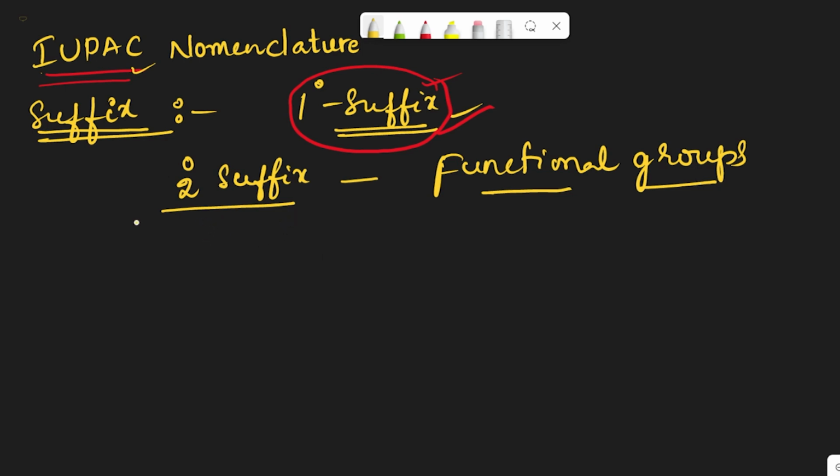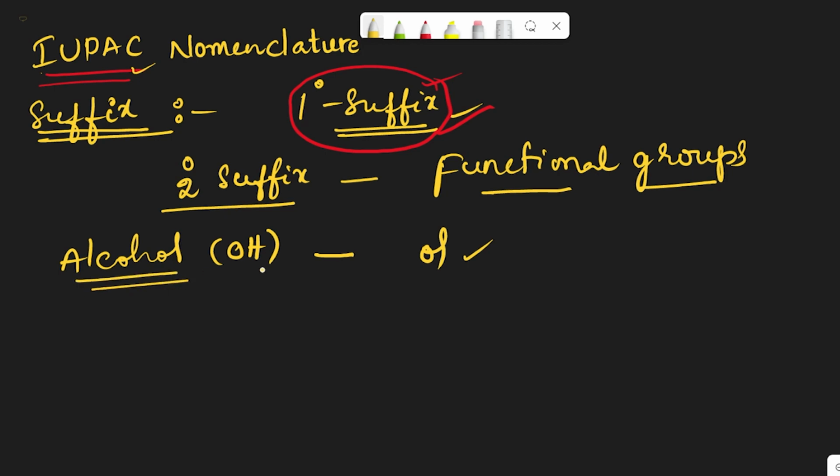For example, halides and alcohols may be present. If an OH group is present, then you write ol. In the earlier example we wrote pentanol, which means the functional group is alcohol. That's why we write ol.